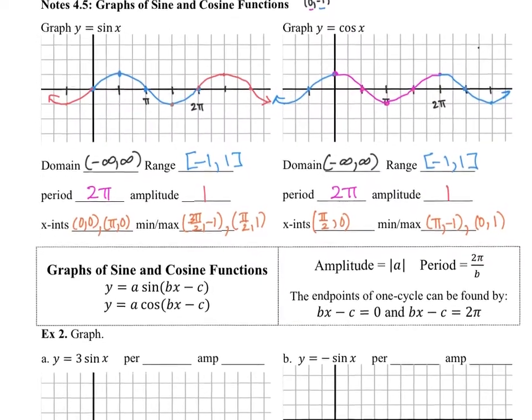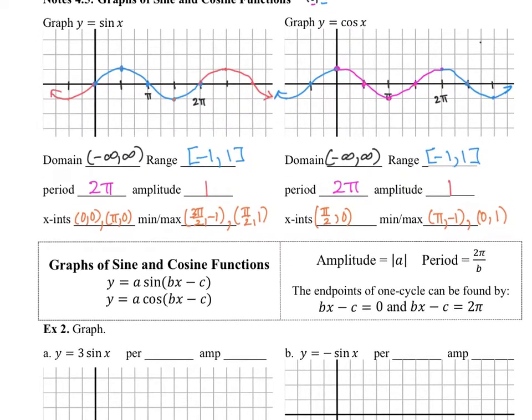Okay, so in the box you see the general equations for sine and cosine functions. y equals a times sine (bx minus c), y equals a cosine (bx minus c). This number in front is going to indicate the amplitude, when you take the absolute value, because amplitude is always positive.